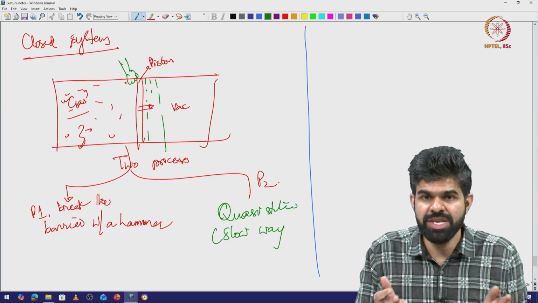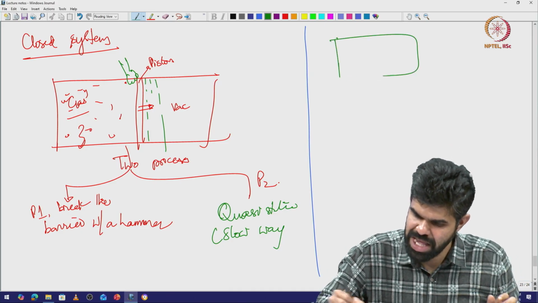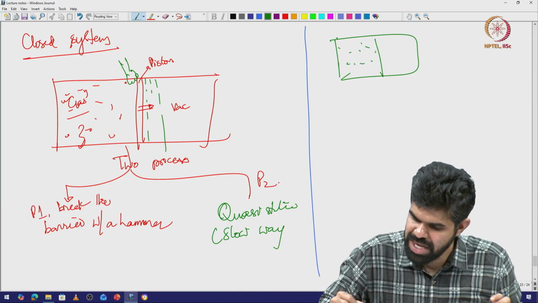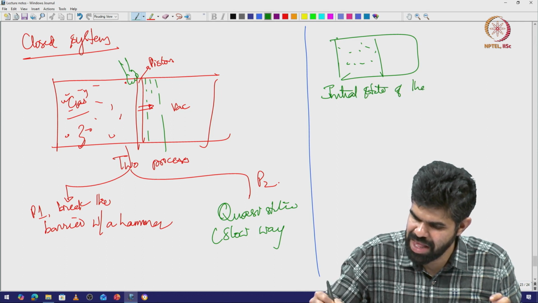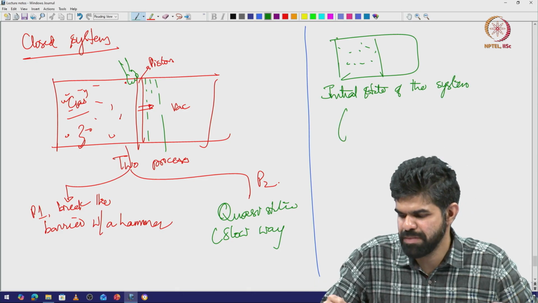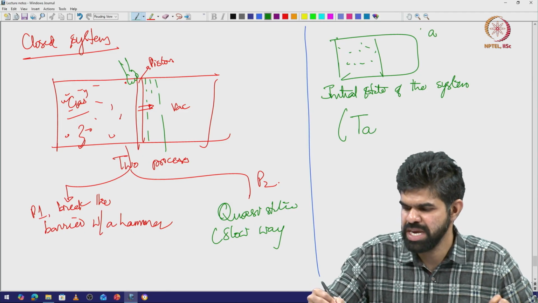So, eventually, the initial state is this, the initial state of the system, and the initial state of the system has a temperature. So, this is temperature of the system, A is my initial system.